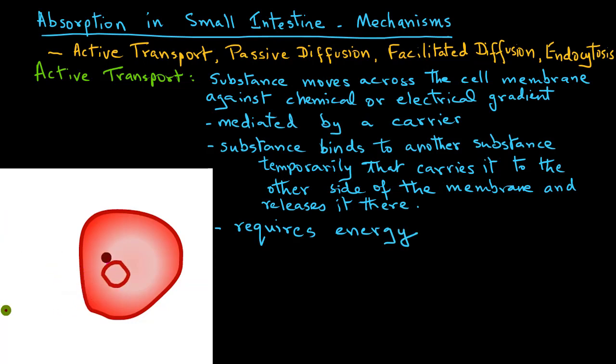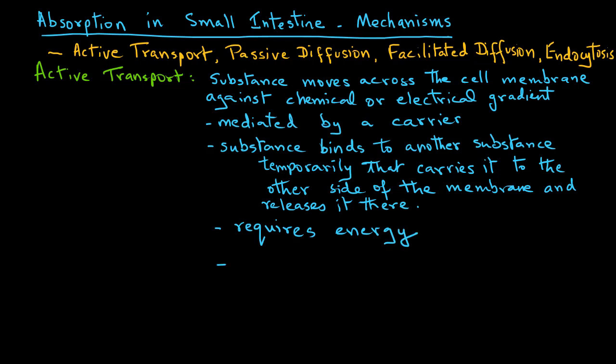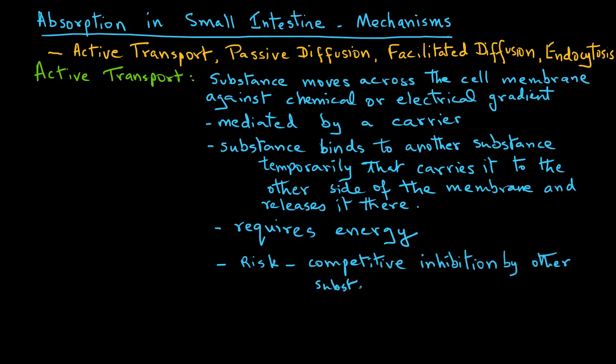Now, this type of transport requires energy. There is also a risk to that transfer because there can be a competitive inhibition by other substances that may bind to the carrier substance.